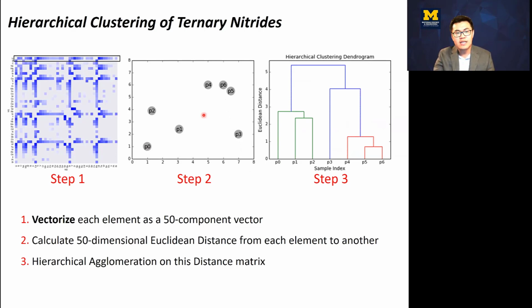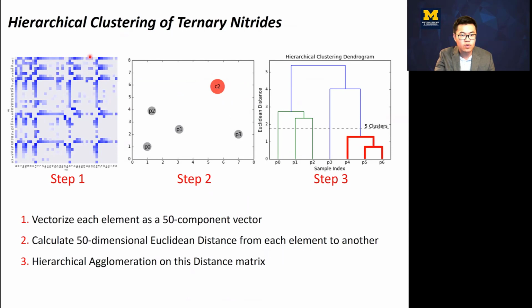So the first thing you do is you take each element and its reaction with all the other metals to form a ternary nitride, and you form a vector. So this is a 50 component vector, and we have 50 of these vectors, right? And so what we do is in this 50-dimensional space, we calculate the Euclidean distance between different elements, okay? And so when you do this, we find elements that are close to one another.